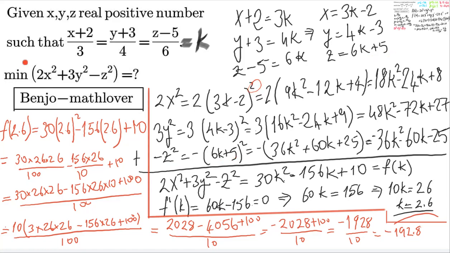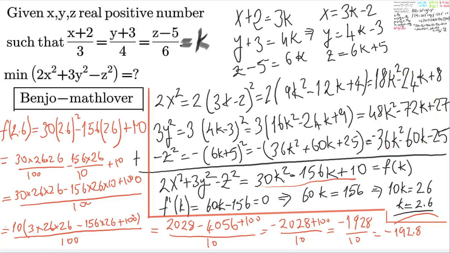We take the square and multiply by 2, take the square and multiply by 3, and take the square and multiply by negative 1. To get the whole expression, we add all these together, and we have a simplified version.